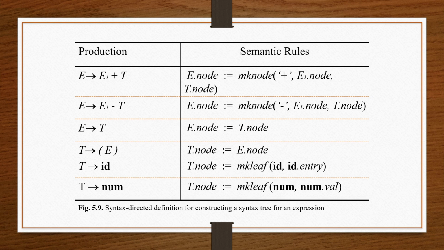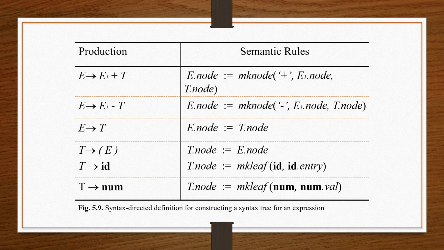What is the semantic rule here? This rule creates a node with plus for the operator and two children, the E1 node and the T node. What are the E1 node and the T node? They are nothing but the sub-expressions.